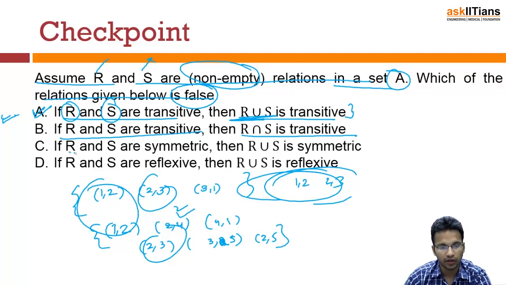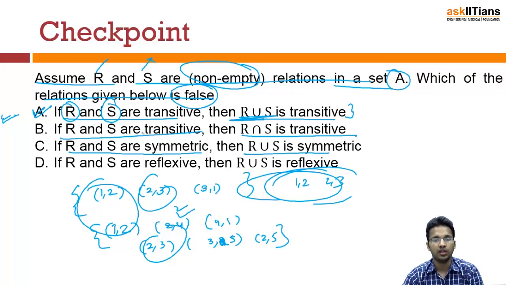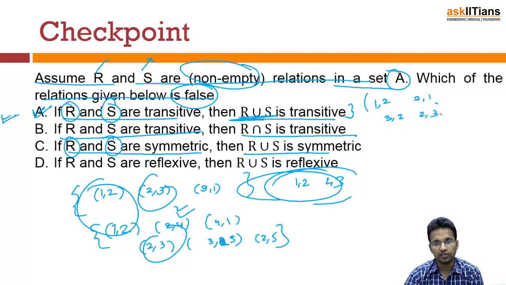Same goes for this. If R and S are symmetric, then their union is symmetric. Just look at this, if this is symmetric and S is also symmetric, just take an example like 1, 2, 2, 1, 3, 2, 2, 3. Now this is symmetric obviously, and the other relation is also symmetric, maybe 2, 5, 5, 2, 3, 4, 4, 3.